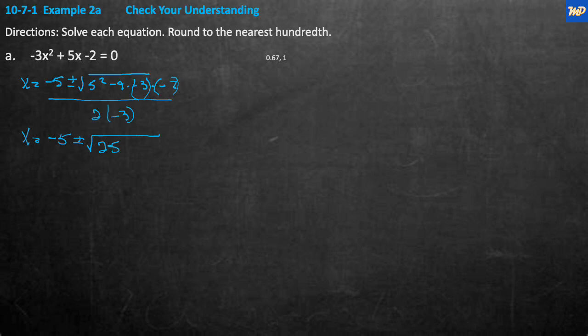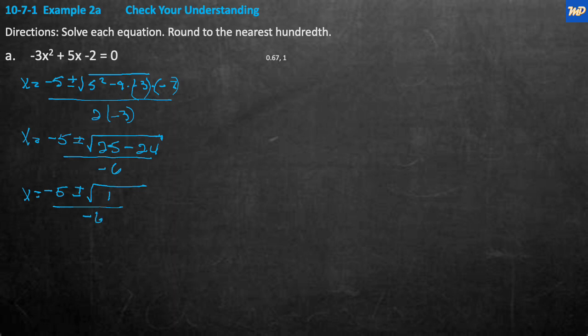Okay, 24, and it's a minus 24 over minus 6. Next, x equals minus 5 plus or minus the square root of 25 minus 24 is 1 over minus 6. And let's see what we can do with that.